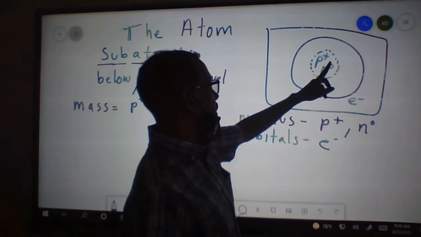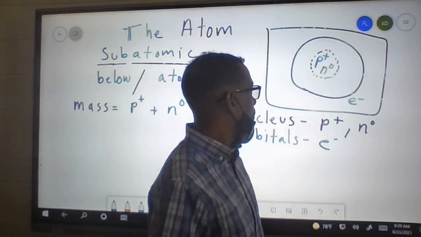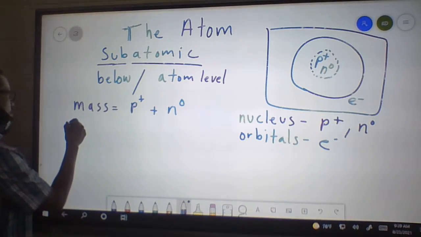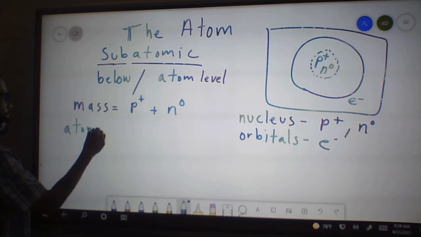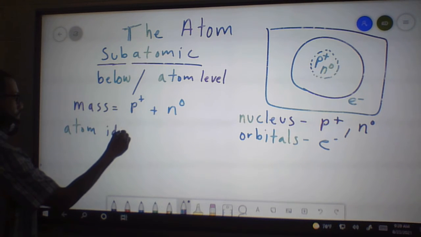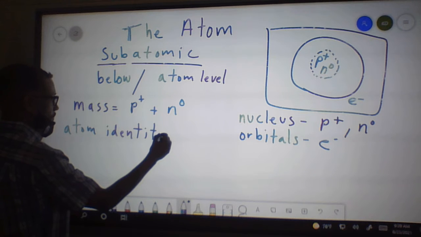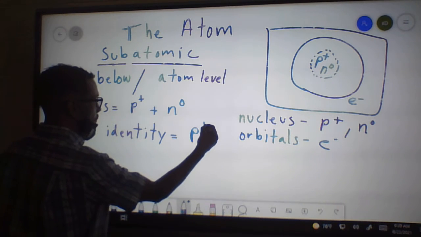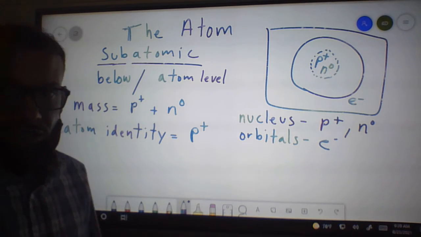All right, so the mass is basically going to be our protons and neutrons, and then our electrons are outside. And then we have the identity of the atom.